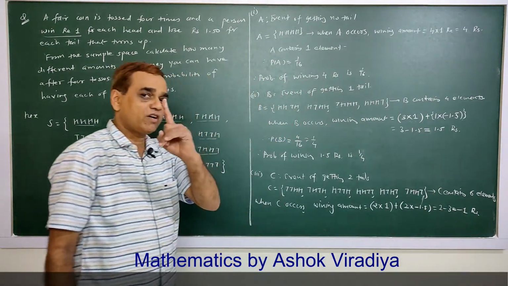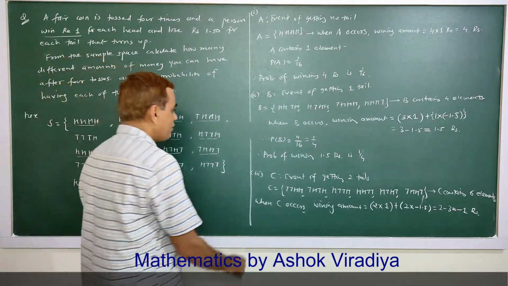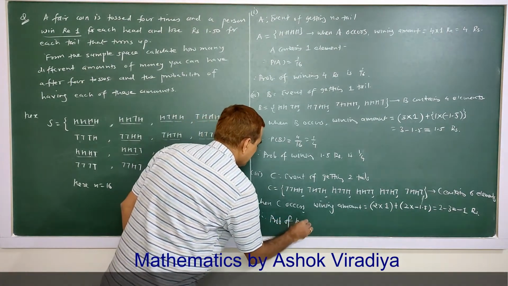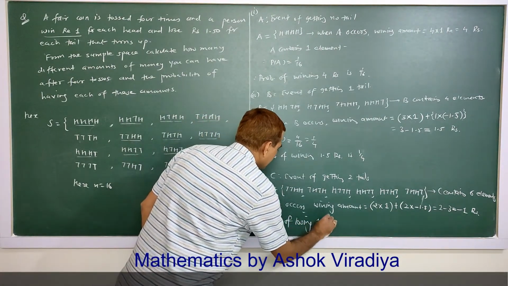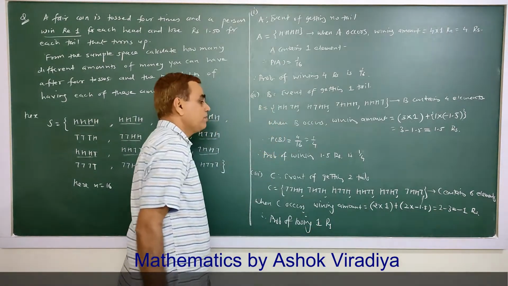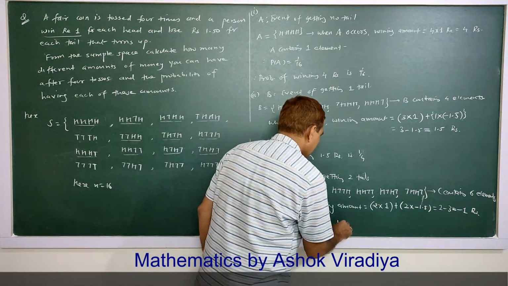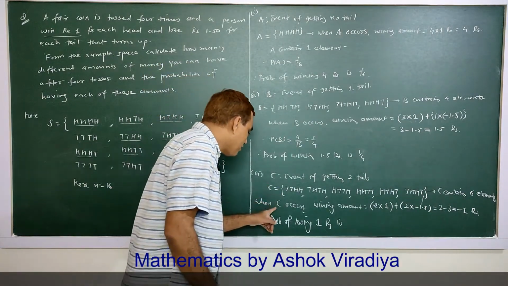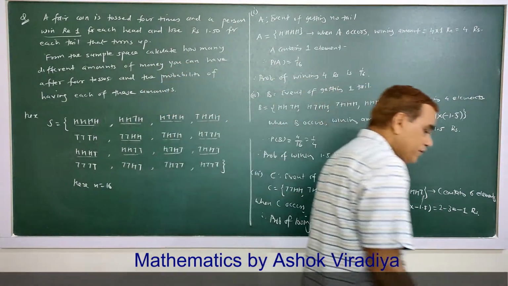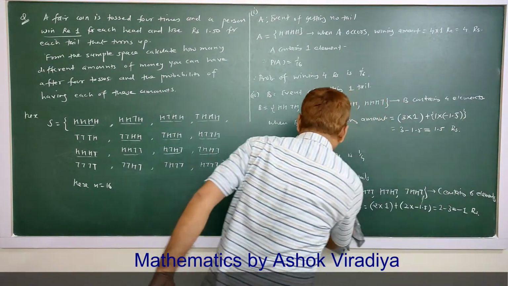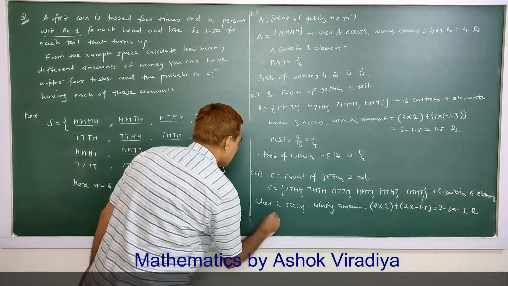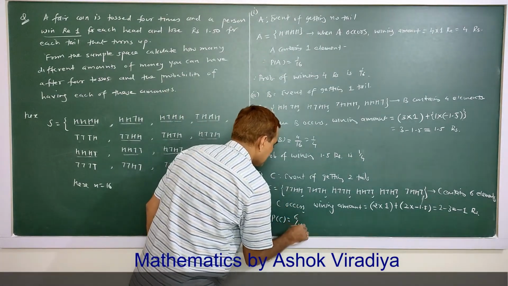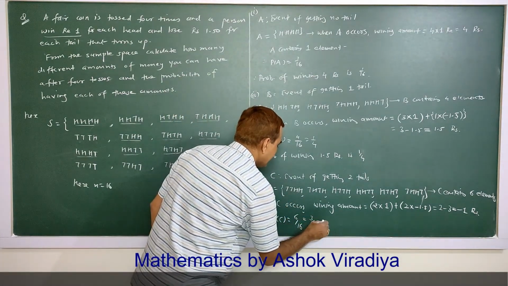So loss of 1 rupee. Therefore, the probability of losing 1 rupee is equal to the probability of C. So the probability of C is 6 by 16, that is 3 by 8.